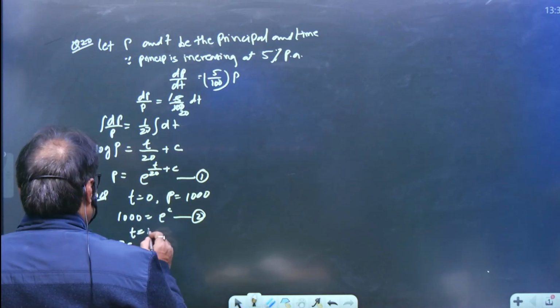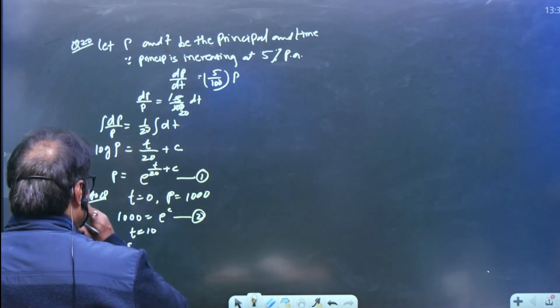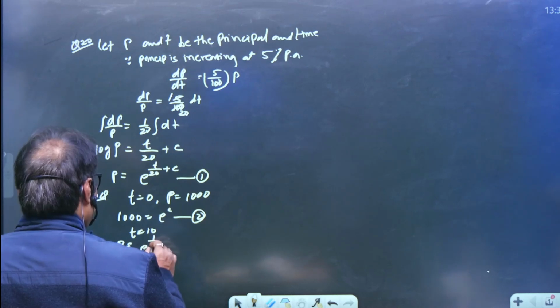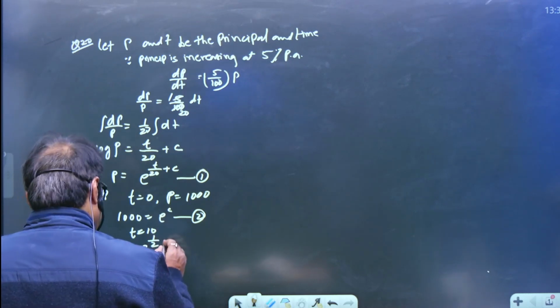When T is equal to 10, then P is equal to e to the power 1 by 2 plus c.